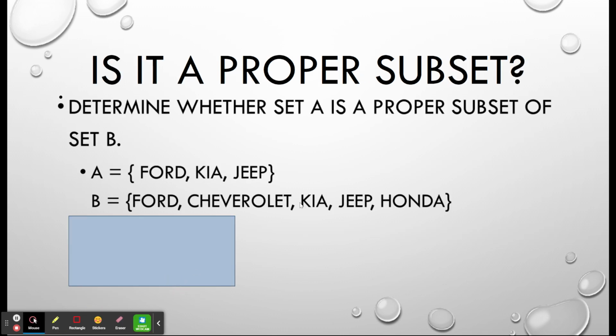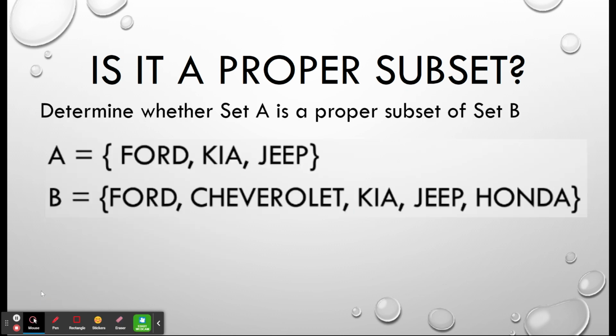Okay, let's continue. As we look at some examples, first, determine whether set A is a proper subset of set B. You can see here in set A, Ford, Kia, Jeep. Okay, well, we've got them. So what does that mean?